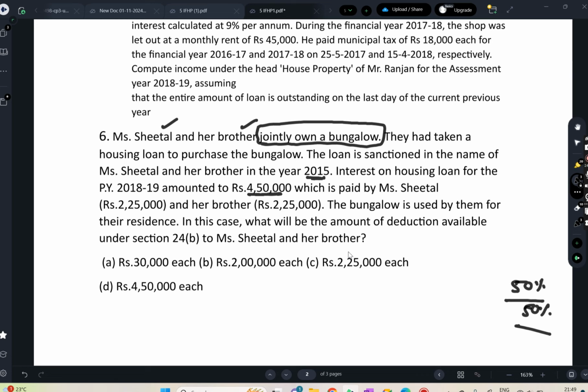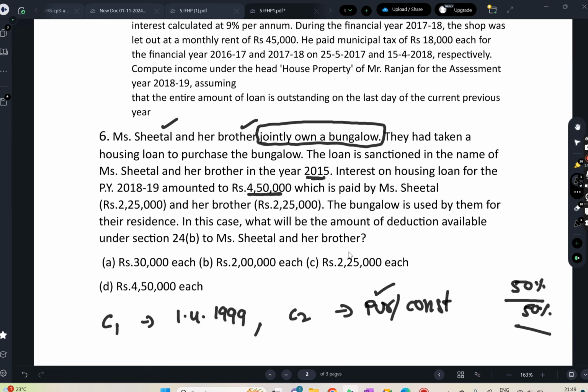So there are some conditions. Condition 1, the loan whatever we borrowed, you should have borrowed on or after 1/4/1999. Then condition 2, you should have borrowed the money for purchase or construction only, not for any other purpose.